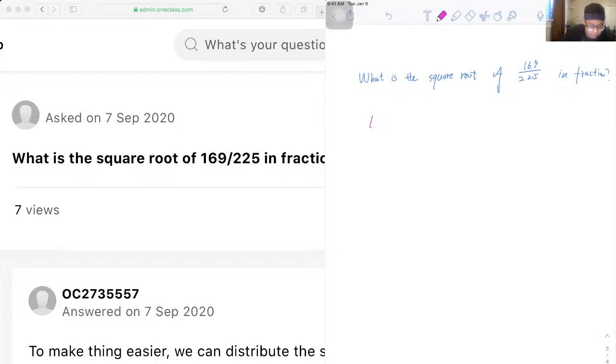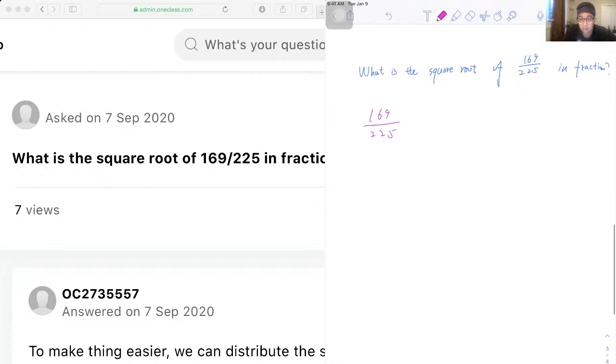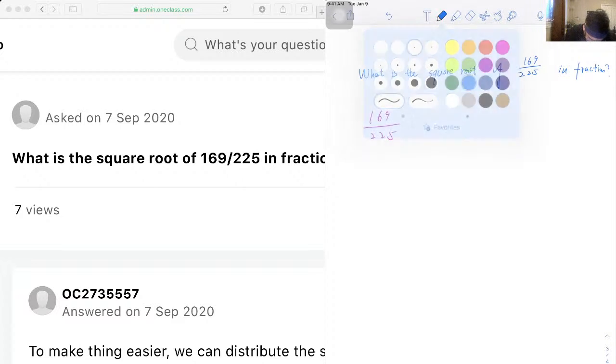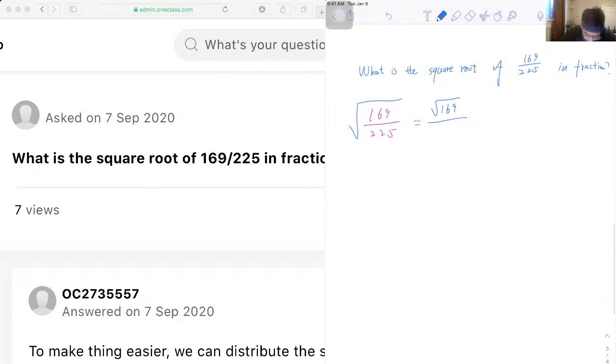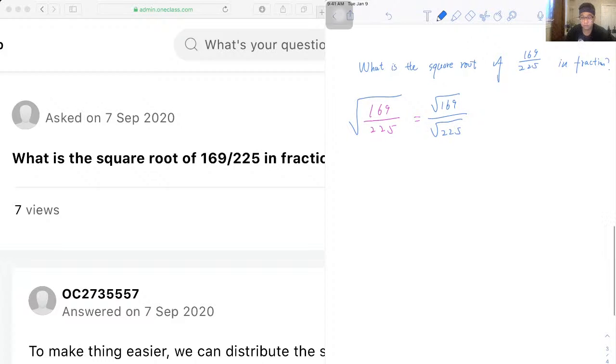So 169 over 225 is our original value, and we want to take the square root of that. That is the same thing as taking the square root of the numerator, which is 169, and the square root of our denominator, which is 225.